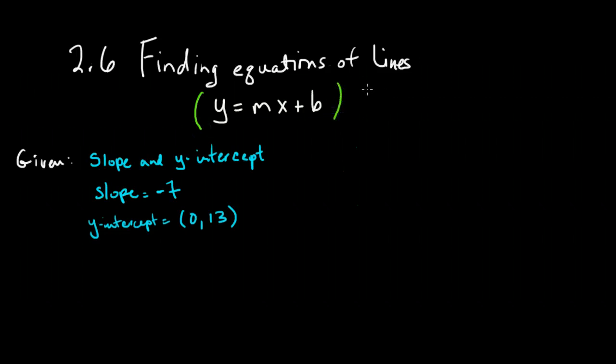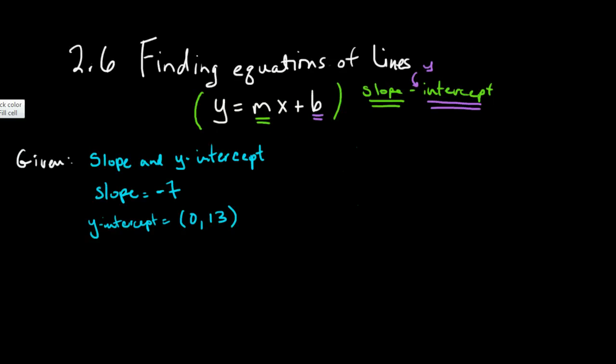We call this form the slope-intercept form of the equation, and the reason we call it that is because it gives us in the value m the slope of the line, or the rise over the run of the line, and then we also have the b portion, which is the y-intercept part. This is where the line crosses the y-axis.